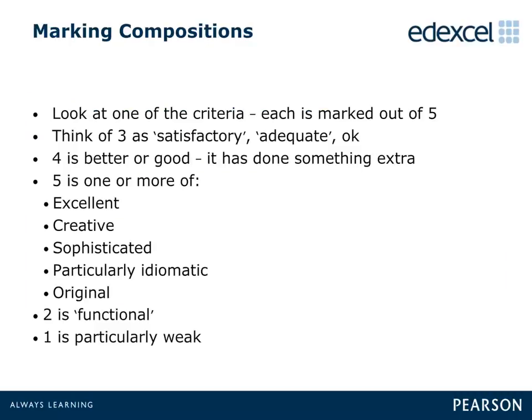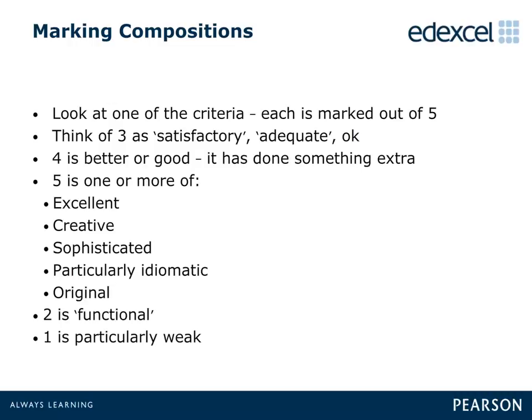As a general introduction to marking compositions, it is useful to have an overview of the mark scheme. If you have not already done so, please pause the video and download the specification. The composition mark scheme is on page 48 to 52. It is split into 9 different criteria, each of which can score between 0 and 5 marks.